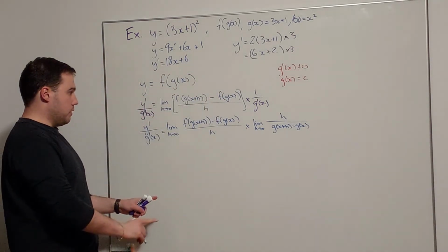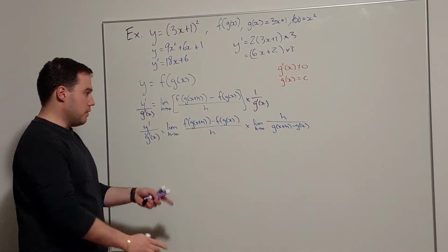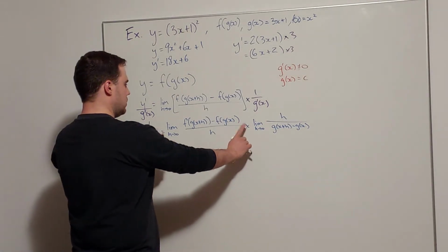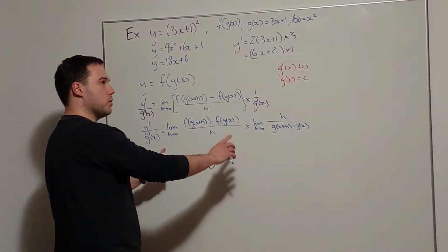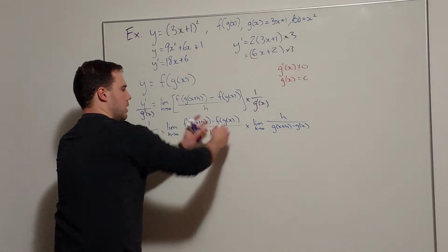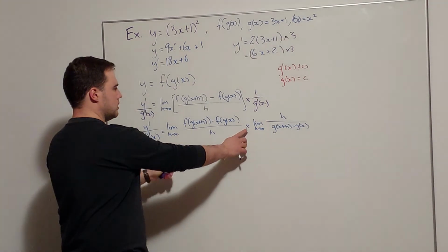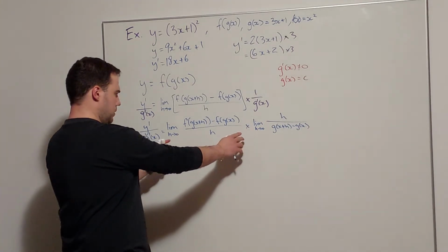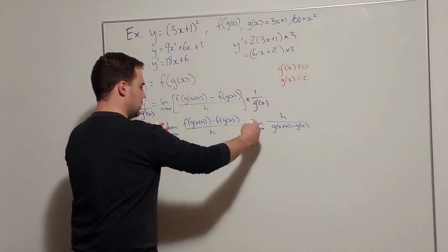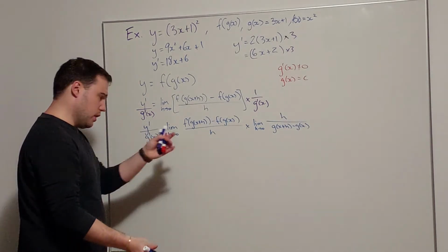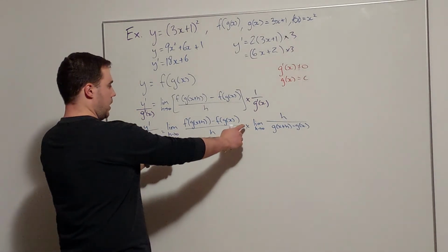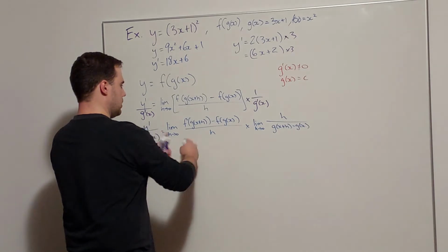All right, another property of limits, just like we had in the previous video. Well, we went the other way because we had them all inside one limit and then separated it into two limits. But just like how if we have the sum or the difference of limits, that is the limit of the sum or the difference, likewise product or quotient as well. If we have a product of limits, that's the same as the limit of the product.